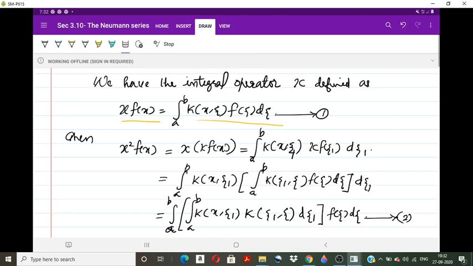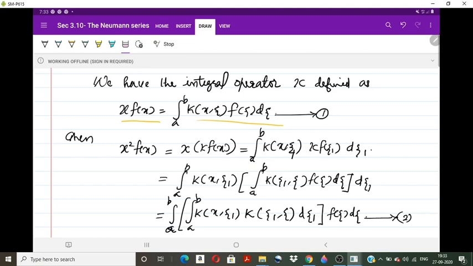Kappa of f of x is by definition integral a to b k of x theta f theta d theta. Then kappa square f of x means kappa of kappa f of x. So this will be integral a to b k of x theta kappa of f of theta d theta. Again we need to write the integral, since kappa itself contains an integral.